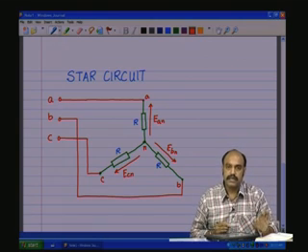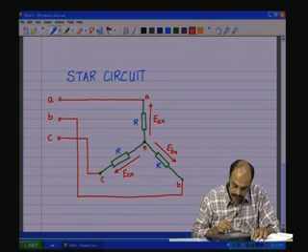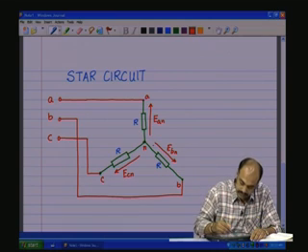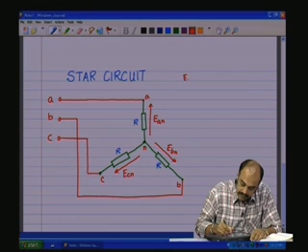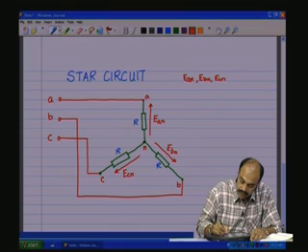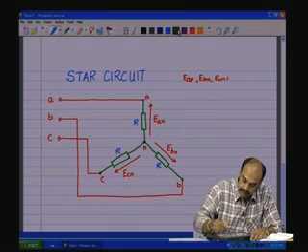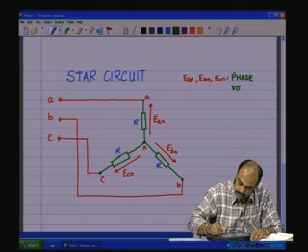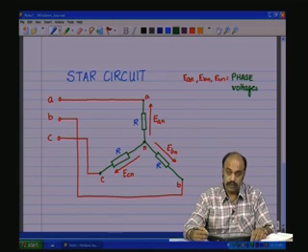So, E A n, E B n, E C n are with respect to the neutral, they are across the loads of every phase and they are called the phase voltages. Remember that E A n, E B n and E C n are called the phase voltages.